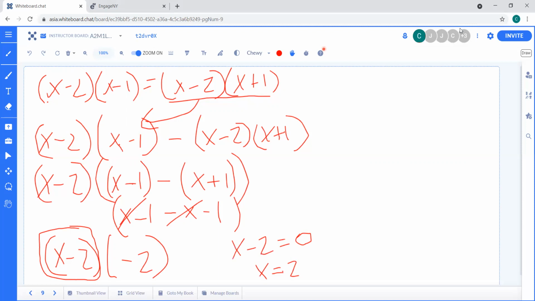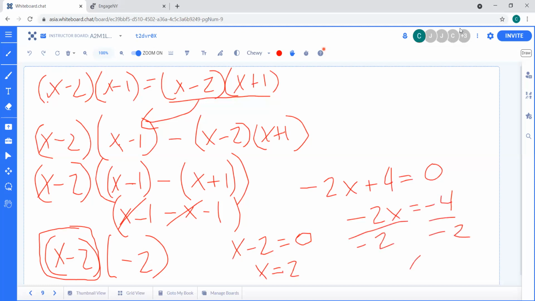Or if you actually did the distributive property, you got negative 2 times x plus 4 and set that equal to 0, you'd have negative 2x is equal to negative 4, divided by negative 2, divided by negative 2, x equals 2. So either way you did it, you would have got 2.